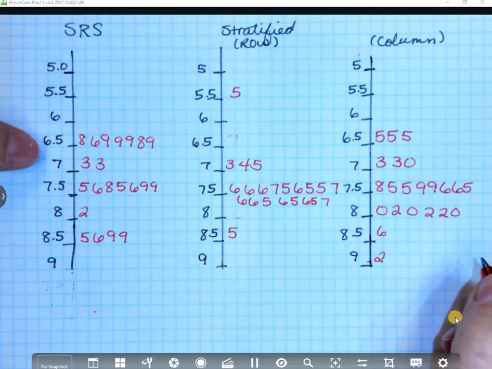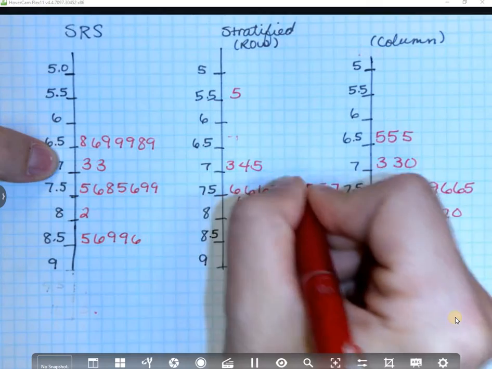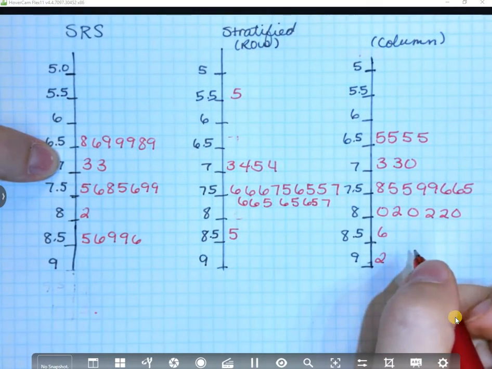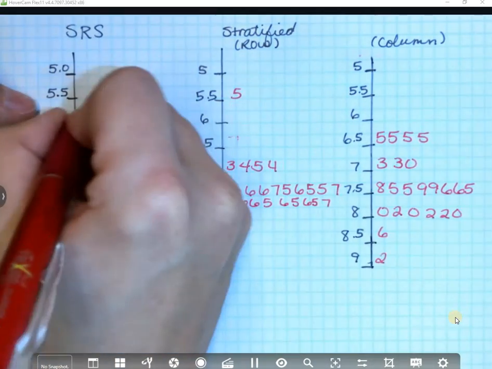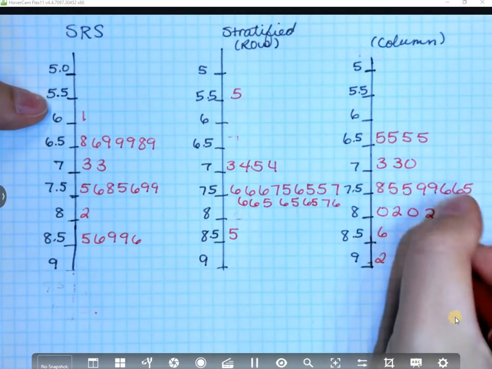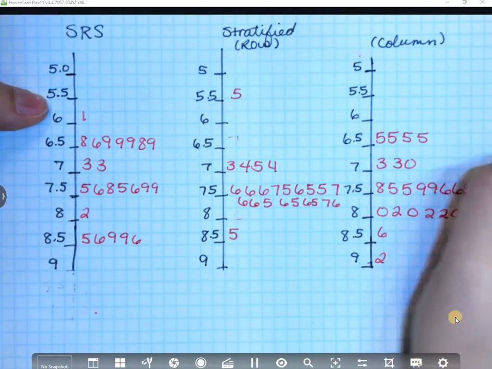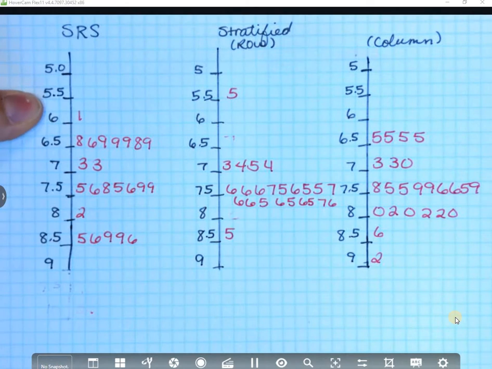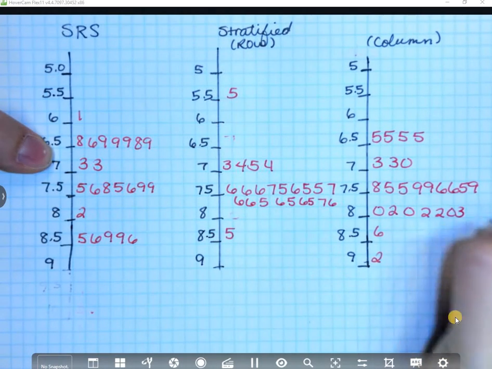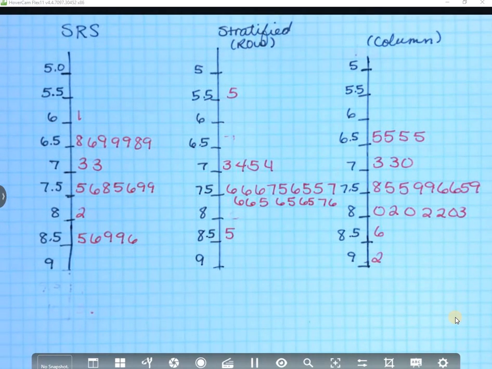Okay, Samantha. Okay, and Avni. Okay, I know where that goes. That's where that goes. Okay, Smeet. 8.3. Okay, and Ryan?